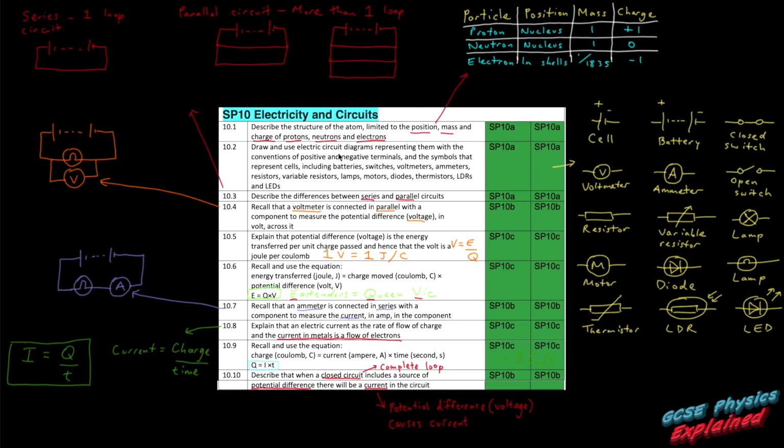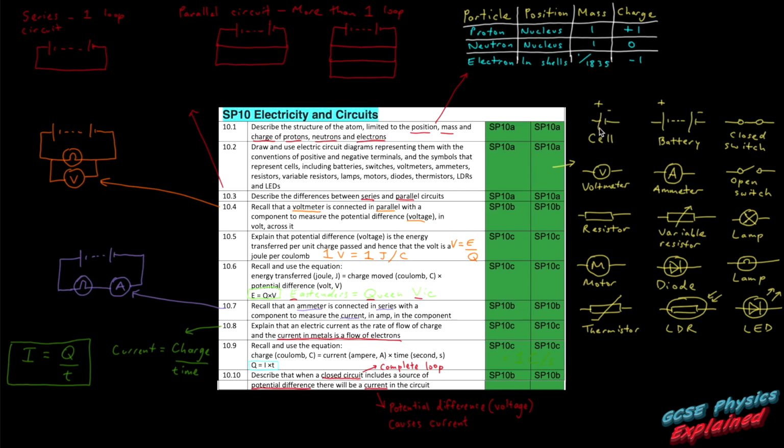10.2. Draw and use electric circuit diagrams representing them with the conventions of positive and negative terminals and the symbols that represent all of these things over here. So the cell, the positive side of the cell is the large side. What I tell my students is if you add something, it gets bigger.